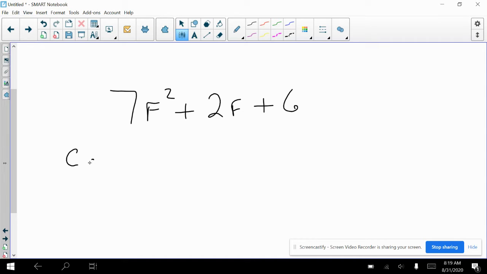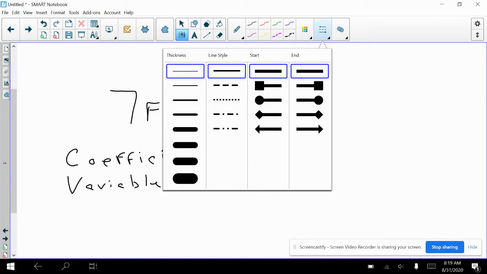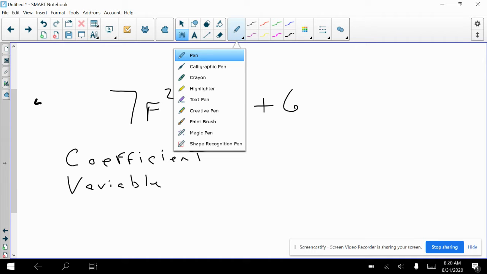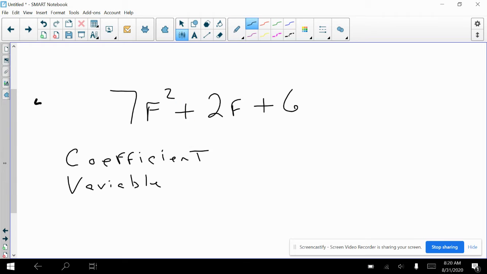We have something called a coefficient. We have something called a variable. We have something called a constant.